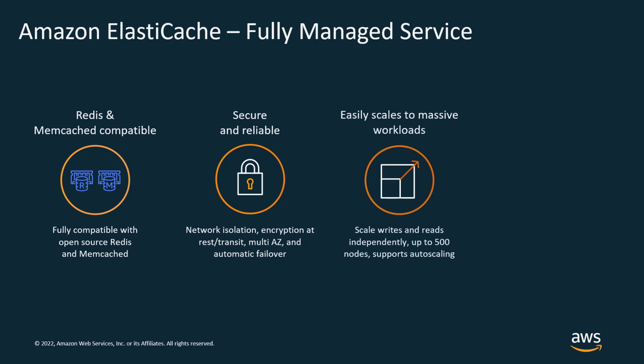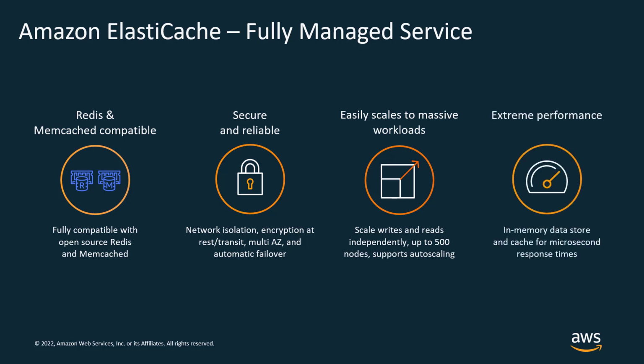You can scale up to 500 nodes, and you can add more shards for more write operations power, and add read replicas for more read operations. And of course it provides extreme performance. The data is in memory, and the response times are at microsecond level.